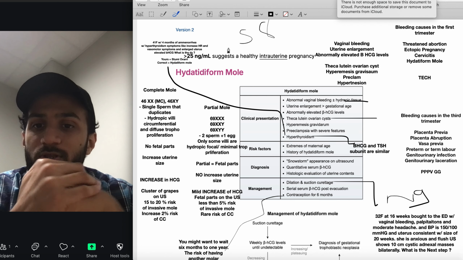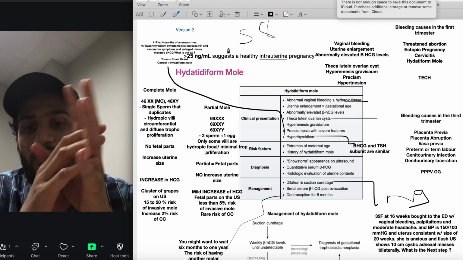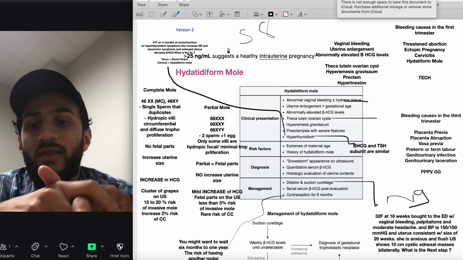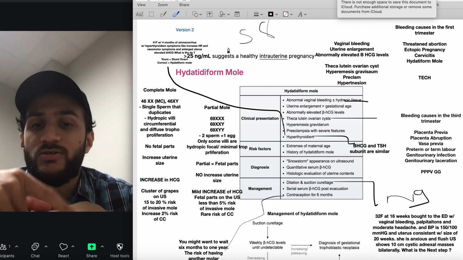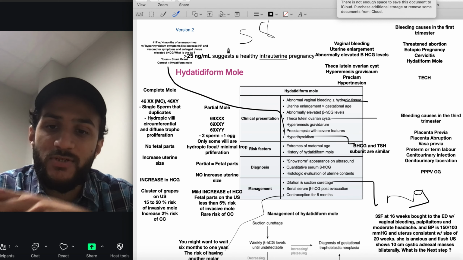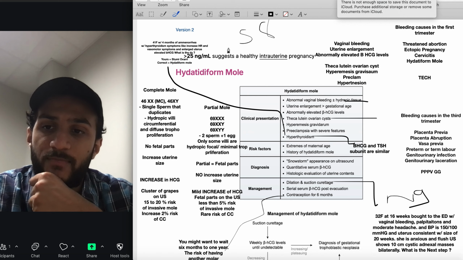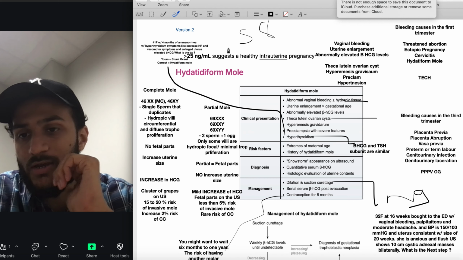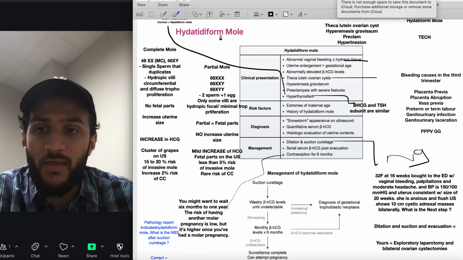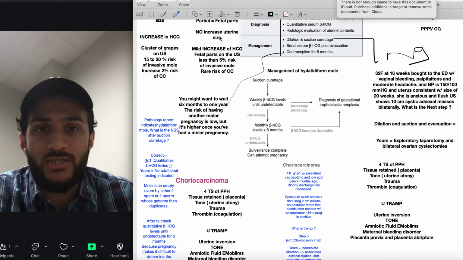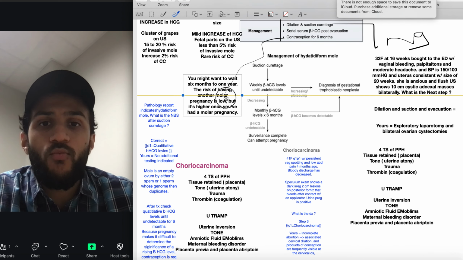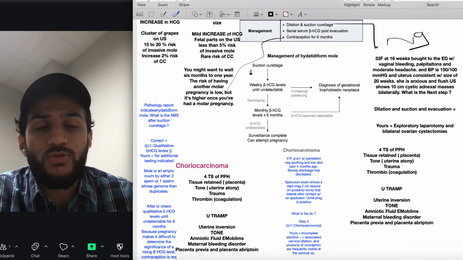Of course, complete mole is going to have increased uterine size and increased HCG, and there is maybe a 15 to 20% chance of becoming invasive, and 2% of being cancer, whereas partial mole does not have the ability to become invasive, or has very low chances. Alright, why do we want to give contraception to these patients?